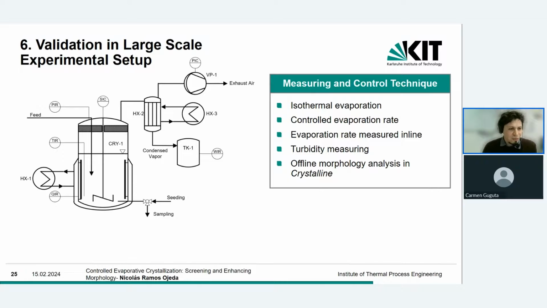Now we have a large volume, so we can perform a normal evaporative crystallization. The thermostat here controls the temperature of the jacket, and therefore the evaporation rate, which we try to set at a temperature such that the evaporation rate provides the same supersaturation profile as the one observed at the milliliter scale.